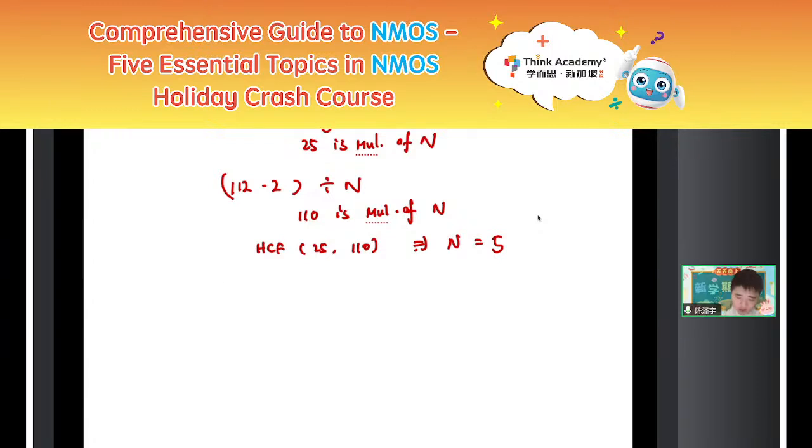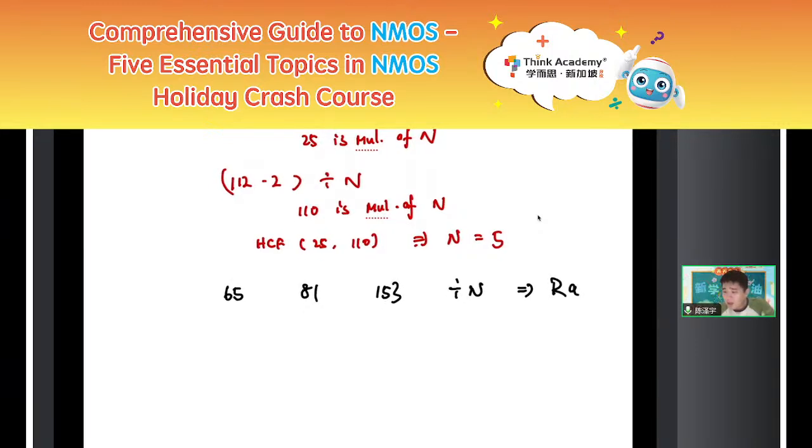Let's say 65, 81, and 153. Let's say these three numbers, when divided by n, all have the same remainder, but unfortunately, I forgot what the remainder is. Let's say a.